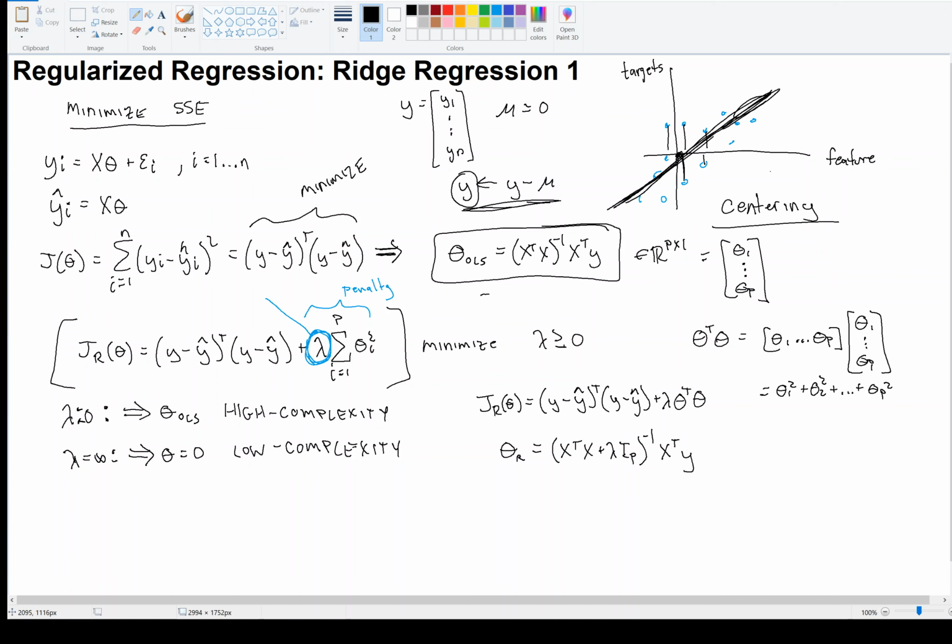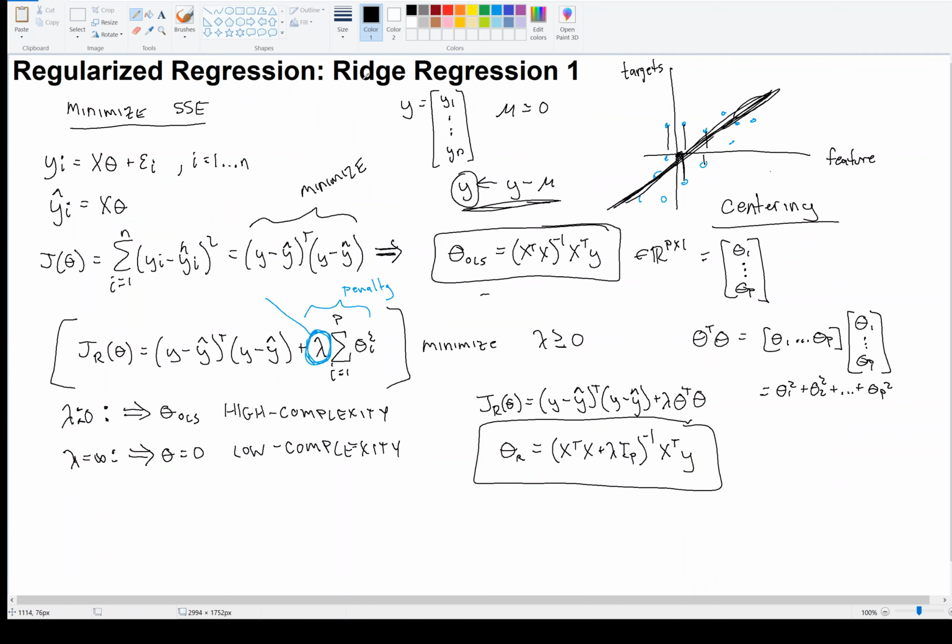Lambda is going to affect our solution. So we get that from derivatives. Notice if lambda is equal to 0, that wipes out the identity matrix, and we've got exactly the ordinary least squares solution. And that's what we said over here: when lambda is 0, we should have the ordinary least squares solution.